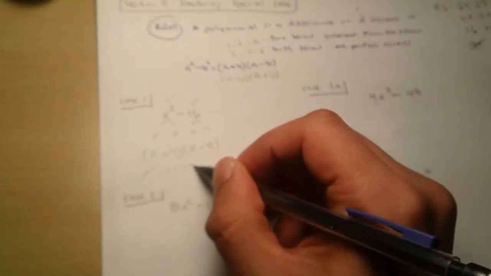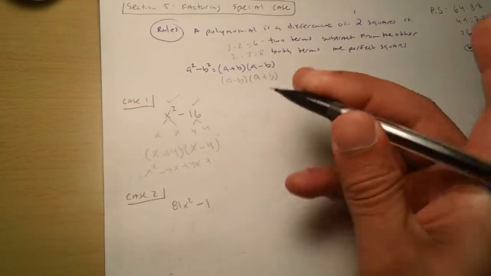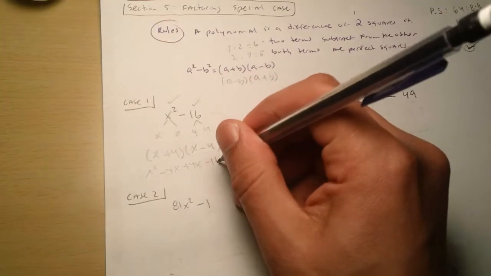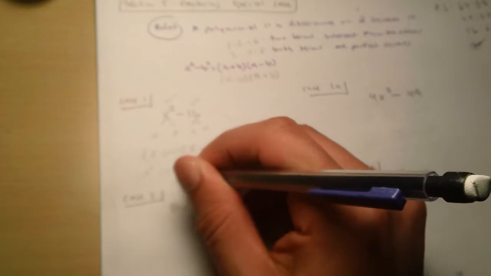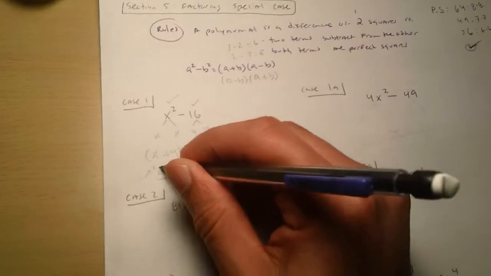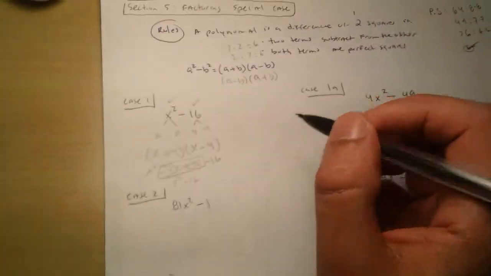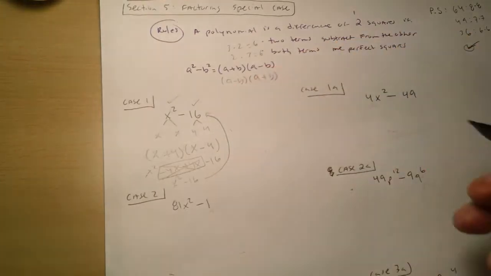We have x squared, then positive 4x, then negative 4x, and then negative 16, so we have x squared minus 16. If you notice, the minus 4x and plus 4x cancel out. So we have x squared minus 16, which is what we originally had up here.